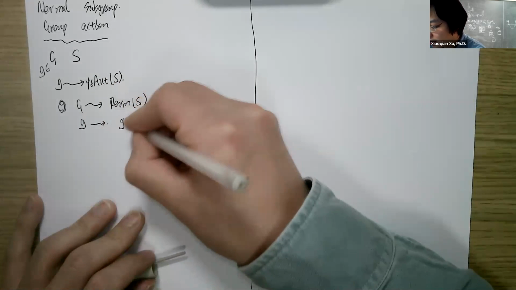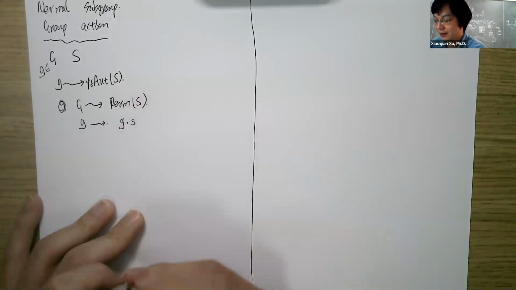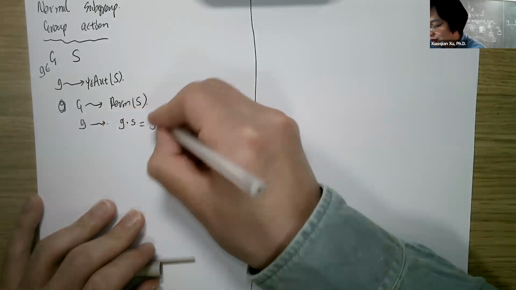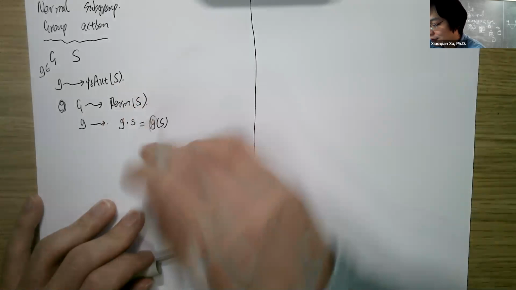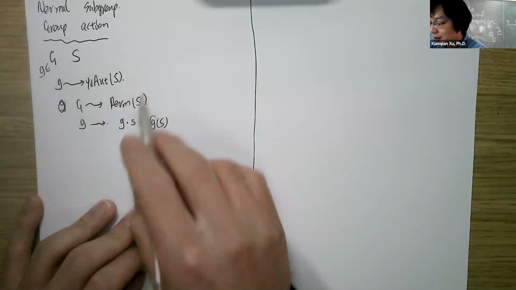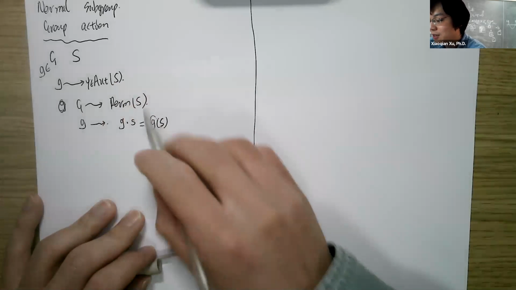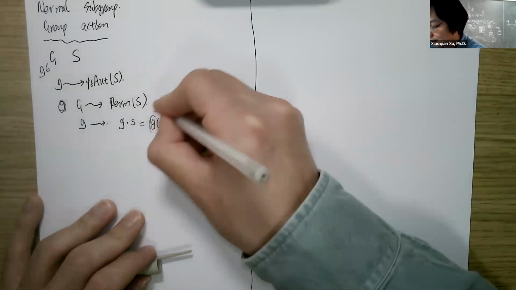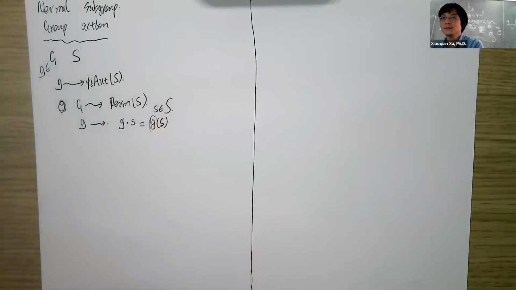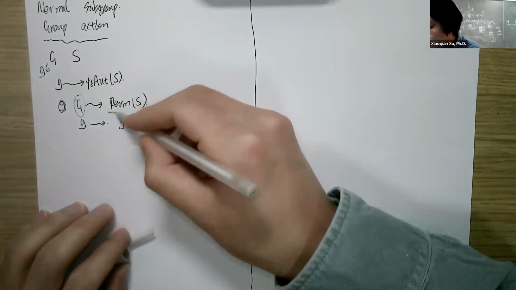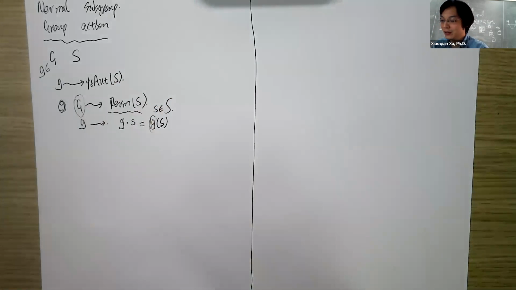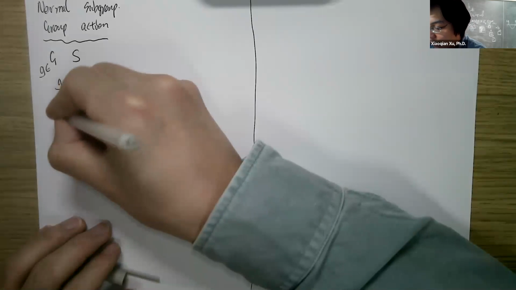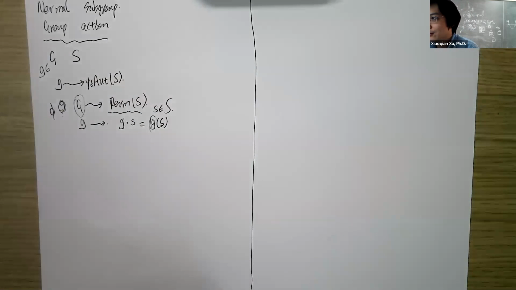This operation we denote as G times S, which is something like GS, a permutation acting on one element s in S. So this G can be seen as a small subgroup of the permutation group of S, and this forms a homomorphism.